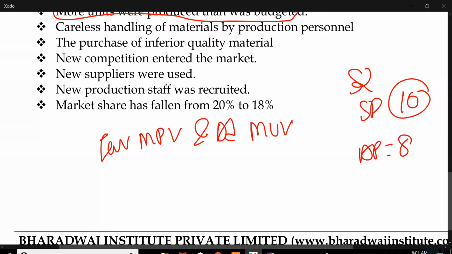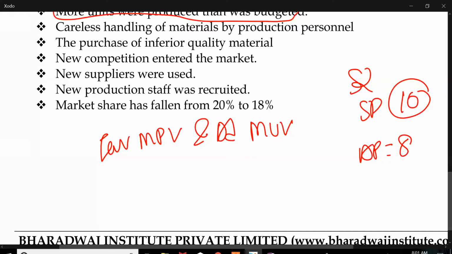See, the only thing is, if you are able to think through all of this, it's easier to interpret a variance. Normally one favorable and one adverse will always be linked with each other. If you have a favorable material price variance, you will have an adverse material usage variance. Why? Because you have bought an inferior quality raw material and your usage got impacted.